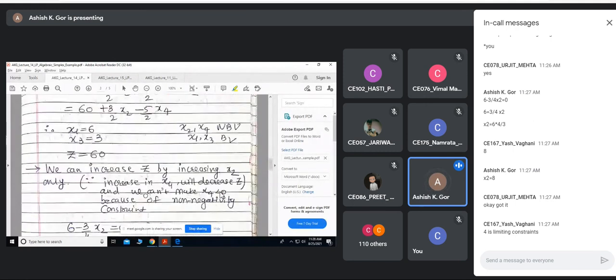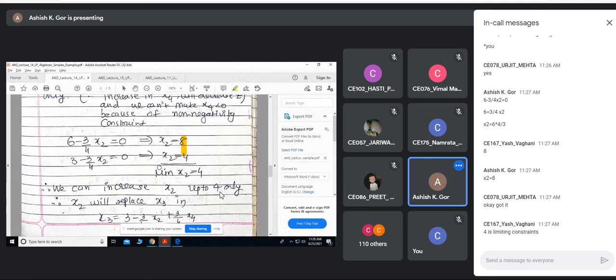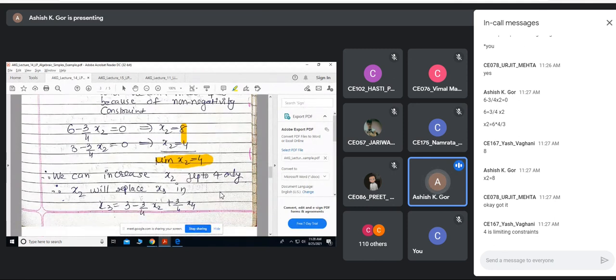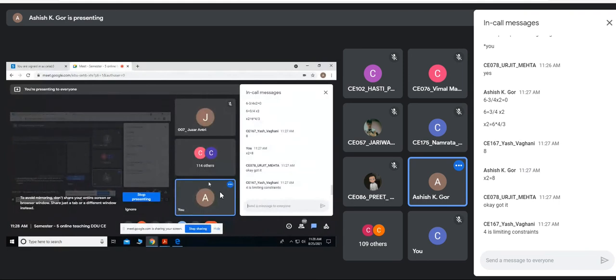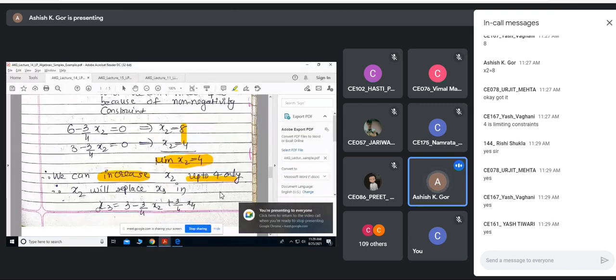So I cannot take even 5. So the minimum out of 8 and 4 is the maximum value that I can take. So the maximum value of x2 that I can take is 4 only. Everybody clear with this? This is very important.